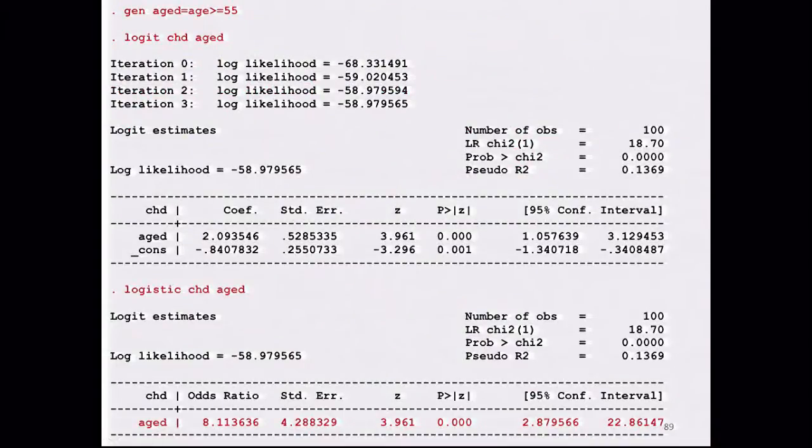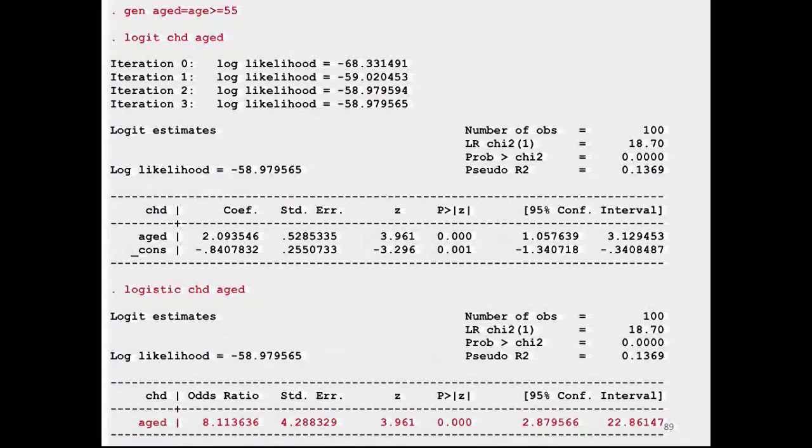This is the STATA output for these data. Up at the top, I've given STATA a very powerful command. It's one command, and it says to generate a new variable called age d. This is the dichotomized version of age. Age d is equal to, and then after the equal sign, we give it a logical expression.